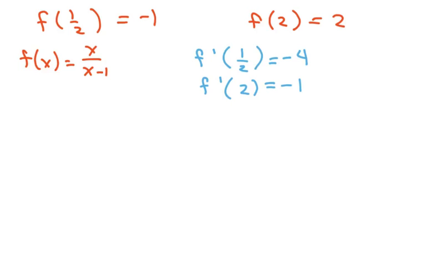So the two tangent lines are going to be like this. y equals negative 4x plus b. You're going to plug in your points: negative 1 is your y, and your x is going to be 1/2.